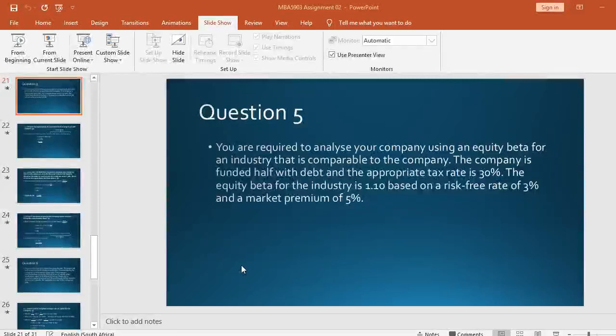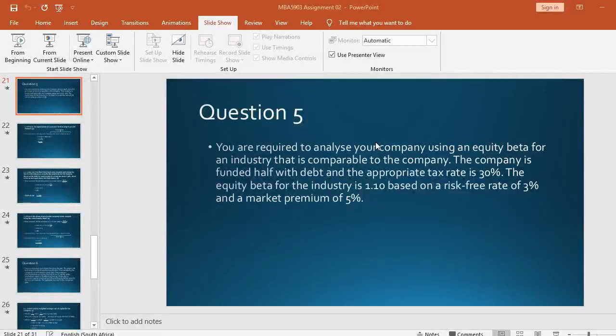Now, if you look at this, remember what we need to identify is the risk-free rate, right? So what is your risk-free rate in this? 3%, right? Which is 0.03. Remember on that formula, we need the risk-free rate. What is your beta?